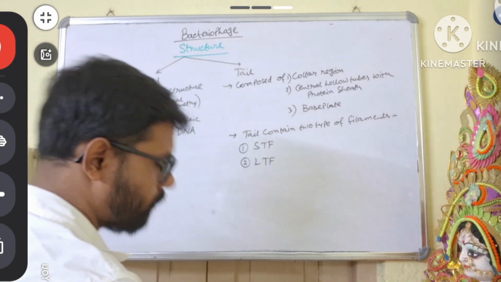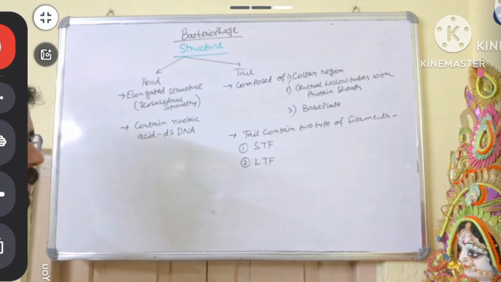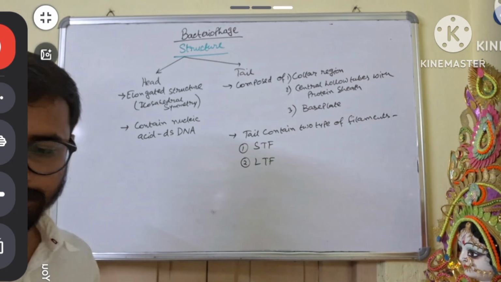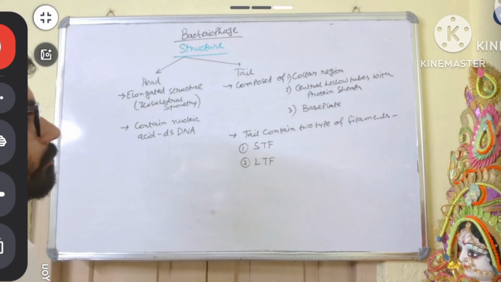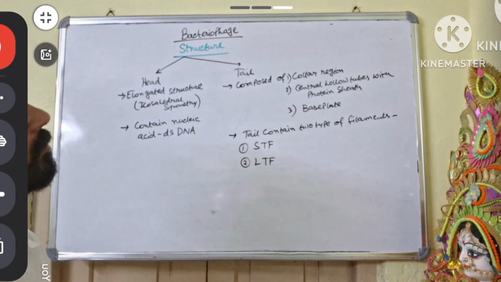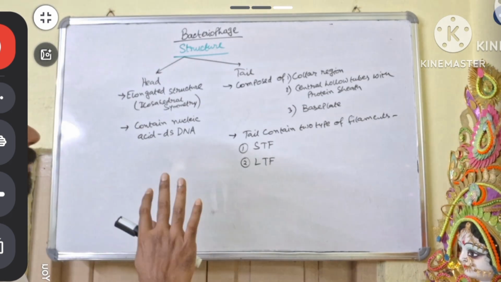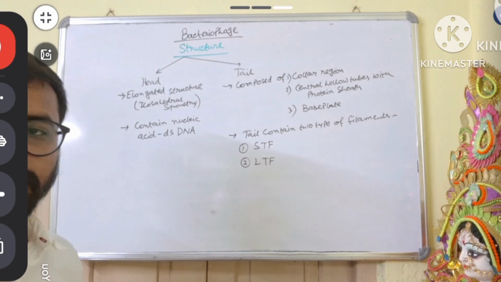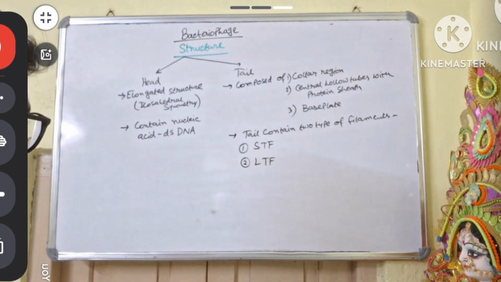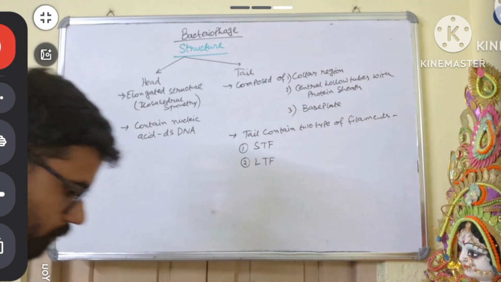Short terminal filament and long terminal filament. Short and long. STF, LTF. So these are the structural overview of bacteriophage. Now look at the structure.